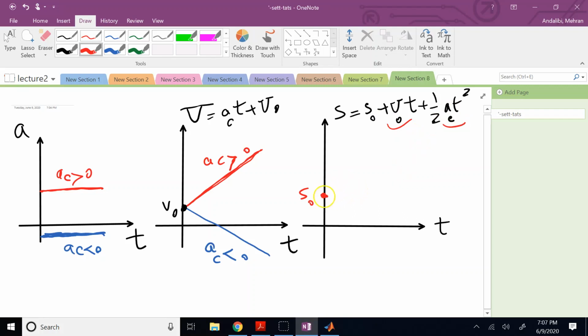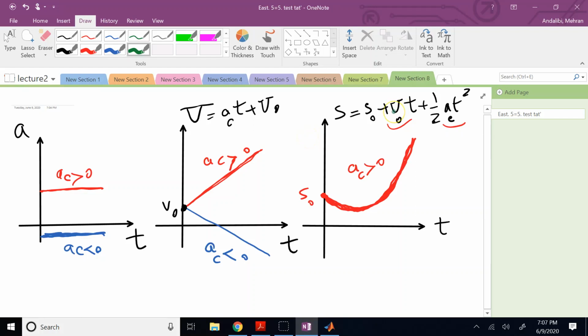So if it goes something like this, what do you think? This is a quadratic function, right? This is a parabola. What case do you have here? First of all, since the curvature at any point is positive, this is the case where a is positive. But what about v0? v is the slope of the tangent line in the s-t graph.